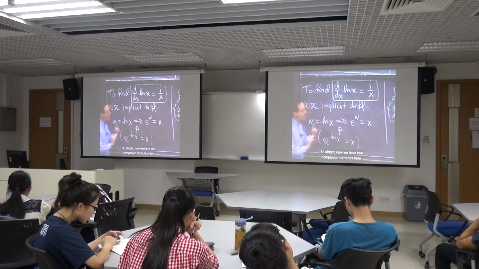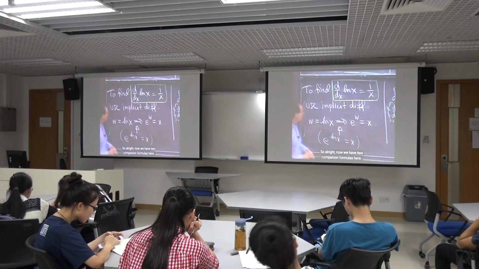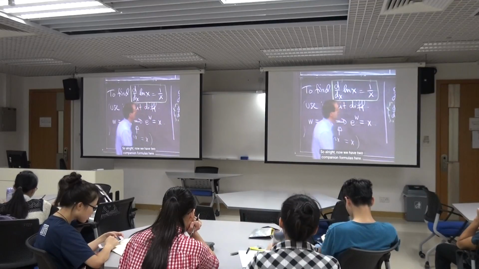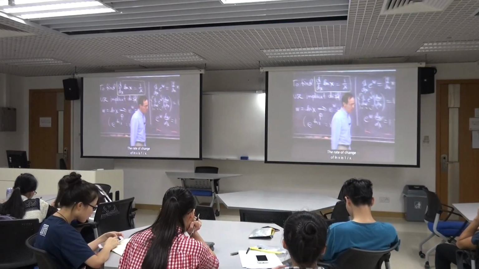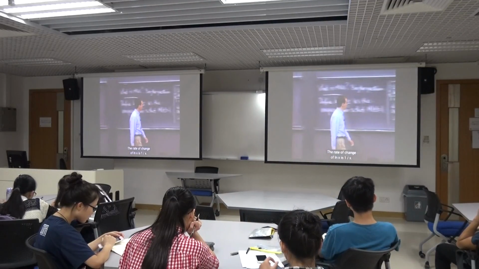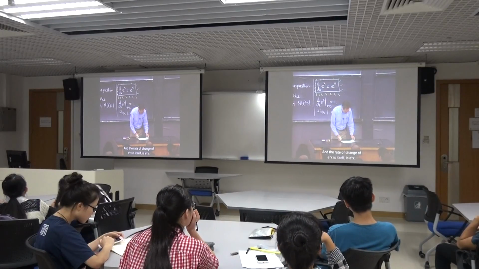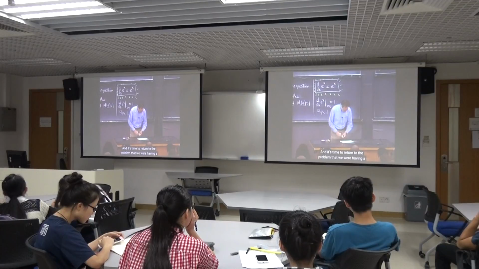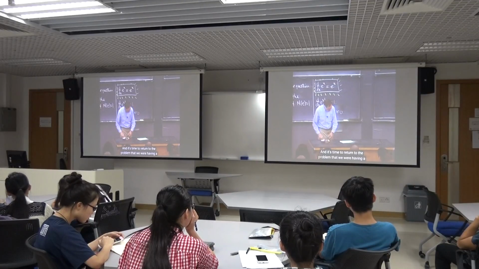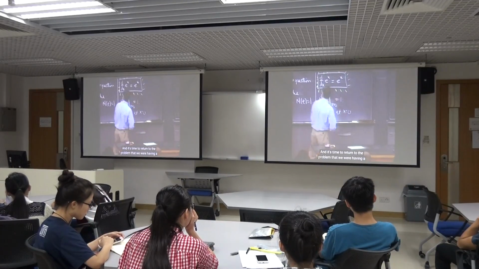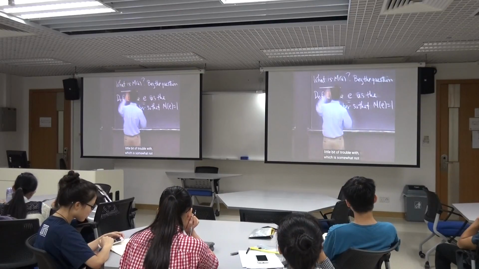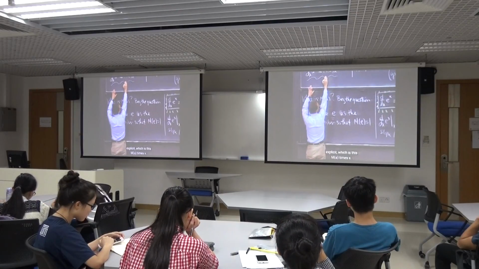All right, so now we have two companion formulas here. The rate of change of log x is 1 over x, and the rate of change of e to the x is itself, e to the x. And it's time to return to the problem that we were having a little bit of trouble with, which is somewhat non-explicit.